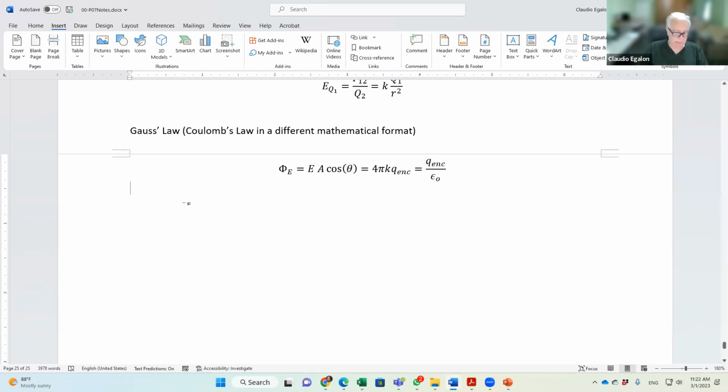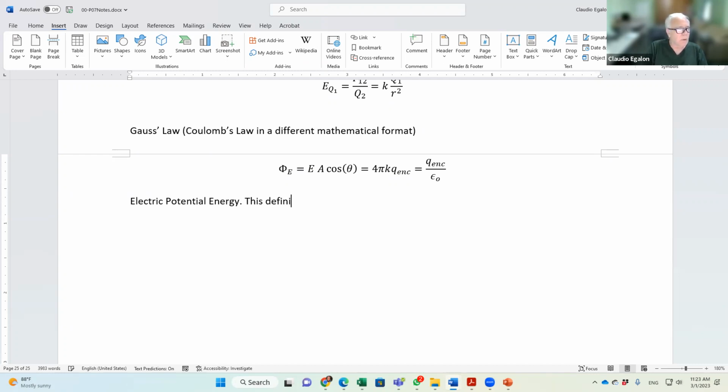Then we have the electric potential energy. Electric potential energy definition. That's another definition.